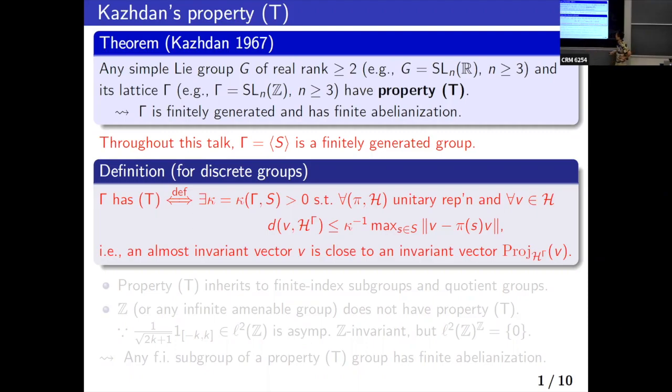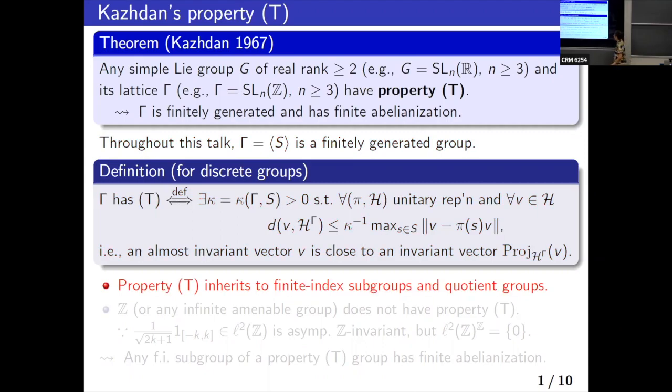So the almost invariant vector is close to an honest invariant vector, and there's a constant which depends on the generating set. The existence of such a constant is independent of the choice of generating set, and if such a constant exists, then the group has Kazhdan's property T.